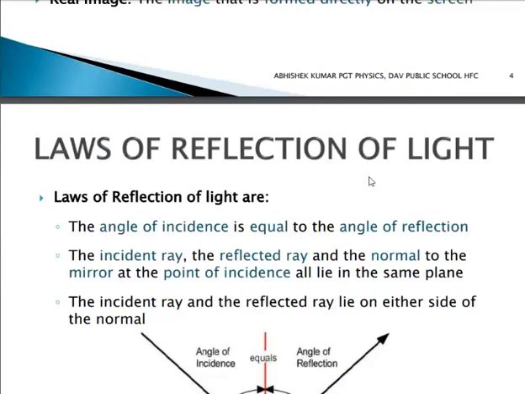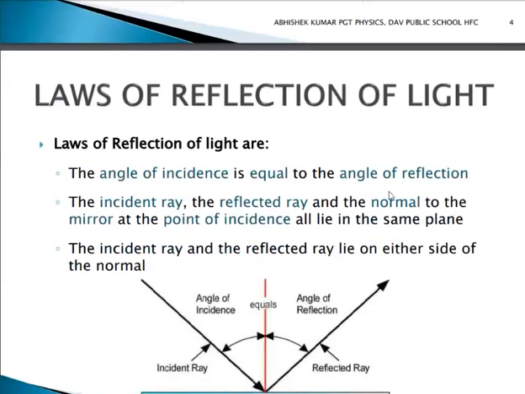And the second law of reflection states that the angle of incidence is always equal to the angle of reflection. This is the second basic law. The incident ray, reflected ray and normal to the mirror at the point of incidence all lie in the same plane.